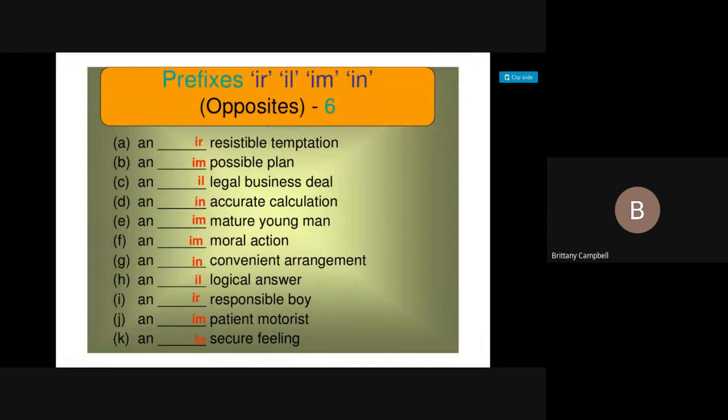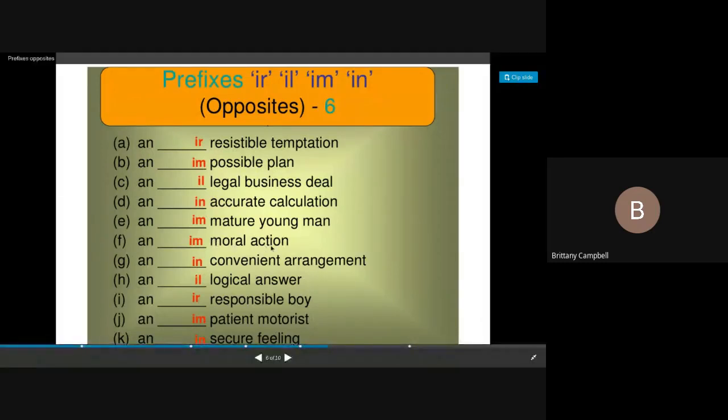You're not able to. Yes? Your immature action. So here we're seeing that you're not mature. Yes? Oh, immoral action. Thank you so much for that correction. So immoral action. Yes? Look at in.